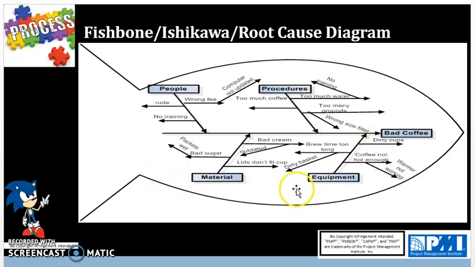Material is also another cause, and that could be coming from outdated material, bad cream, expired material, or bad sugar. And then people, manpower, could also result in it: having no training, the wrong vibe in the company, being rude to the customer. So these can all be causes of the effect being faced by the customer, which is bad coffee.